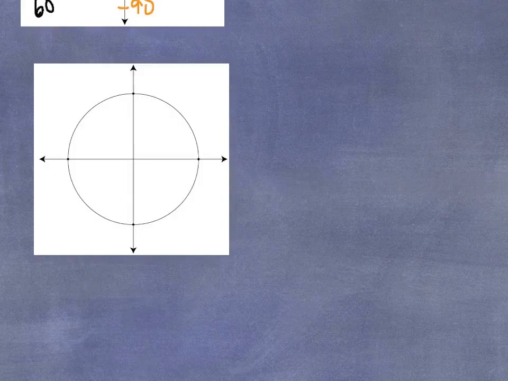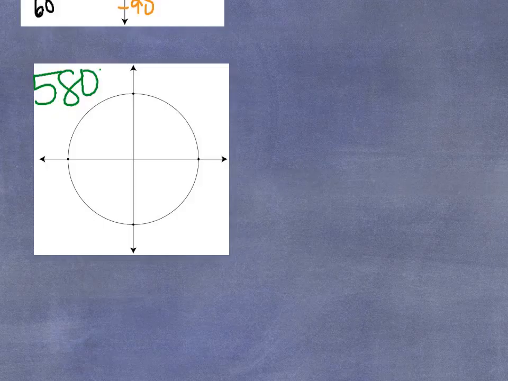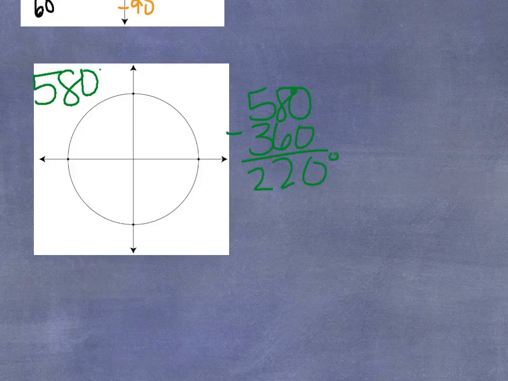Last one we're going to do together here today is a 580-degree angle. So 580 degrees is more than a full rotation. From 580 degrees, I am going to subtract 360. That leaves 220 degrees that we can then locate on this coordinate plane. So it's like we went a whole time around and another 220.